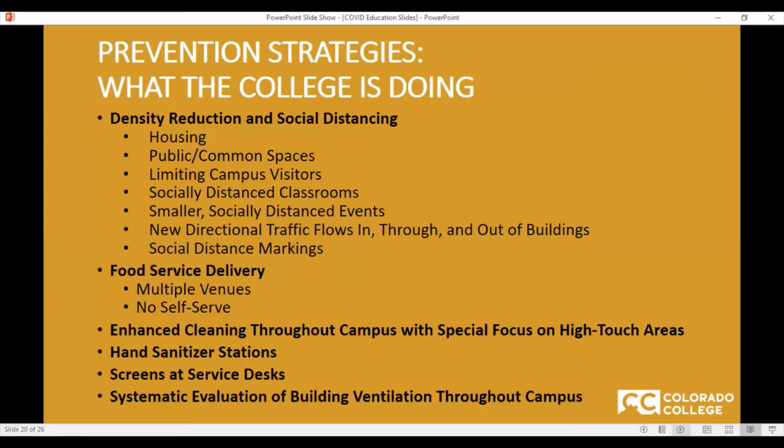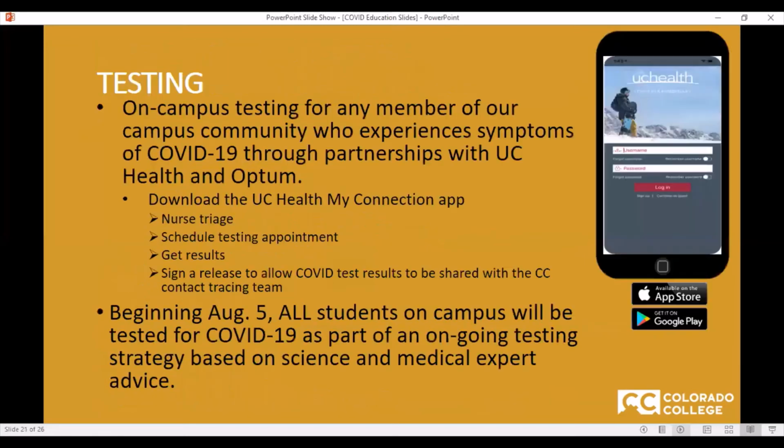We've enhanced cleaning throughout campus with special focus on high-touch areas. Hand sanitizer stations and screens have been installed at service desks, and a systematic evaluation of building ventilation throughout campus has been conducted.